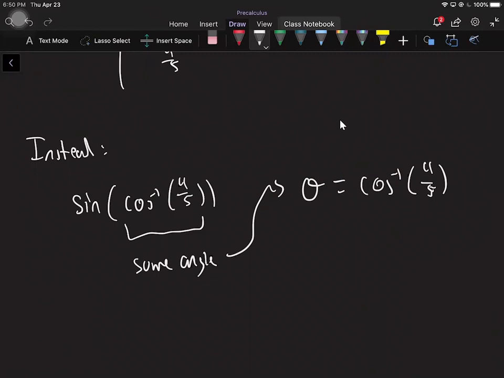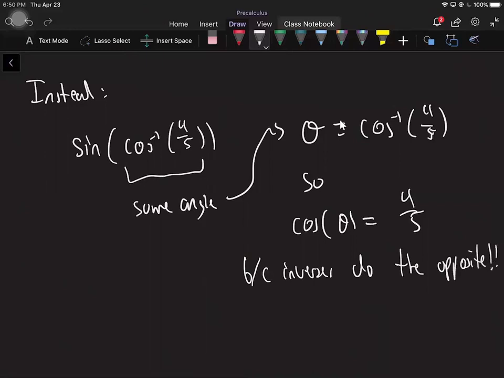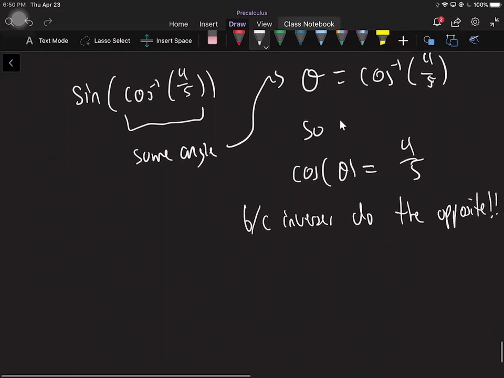So this means that when I plug in theta to cosine, I get 4/5, because inverses do the opposite. So I still don't know theta, but I do know cosine of theta. And what this means is I can use this to draw a triangle.